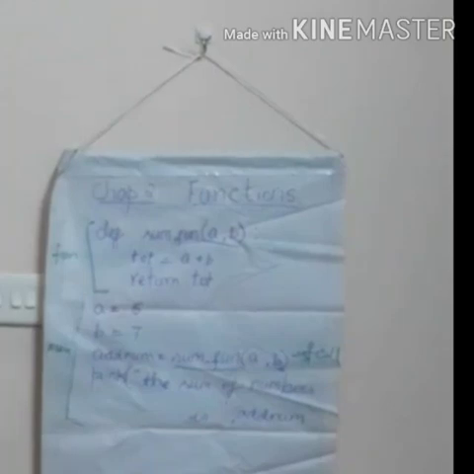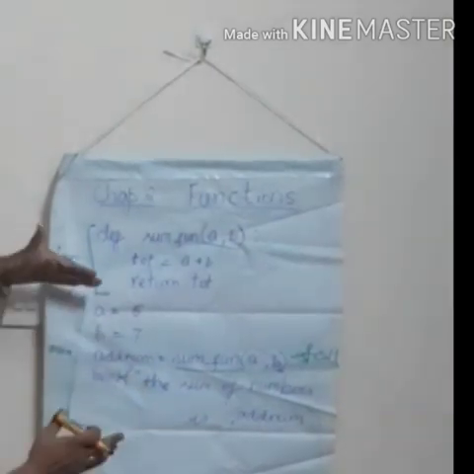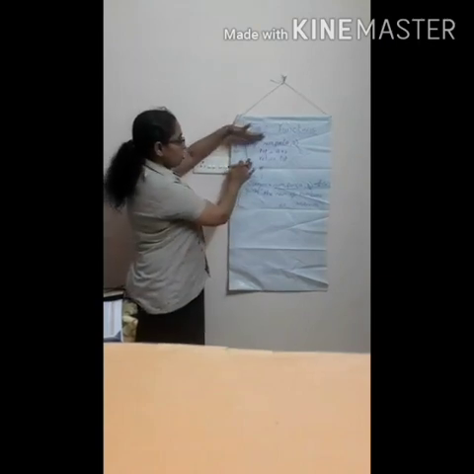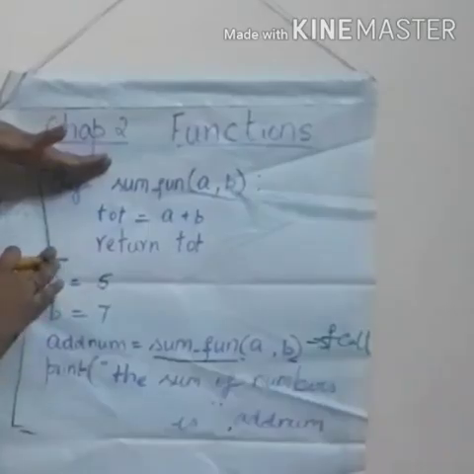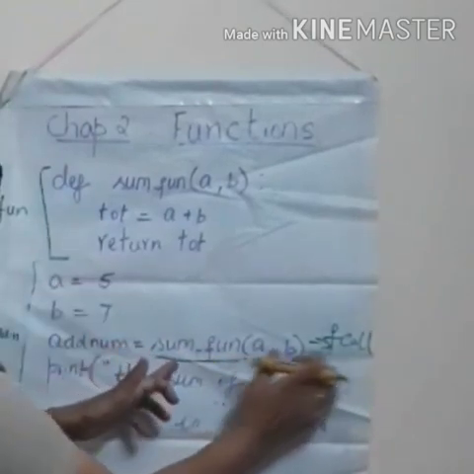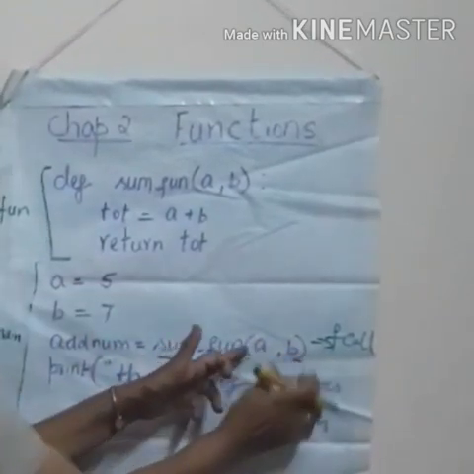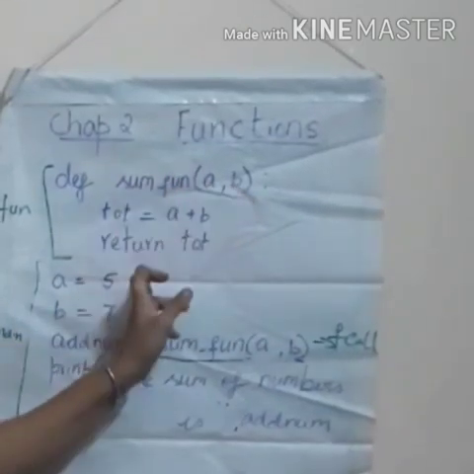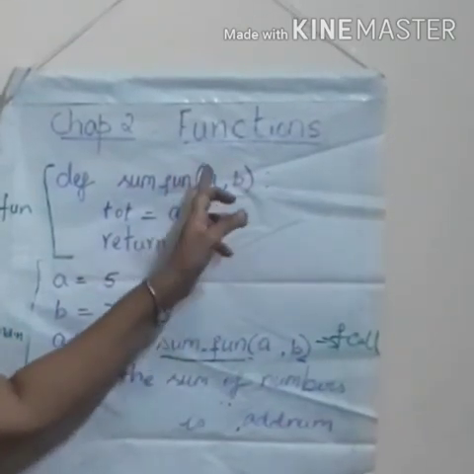So what I should say here is, once again, this is our main program and this was the function. What I put in the brackets here are called arguments. Here in the function definition, these are called parameters.